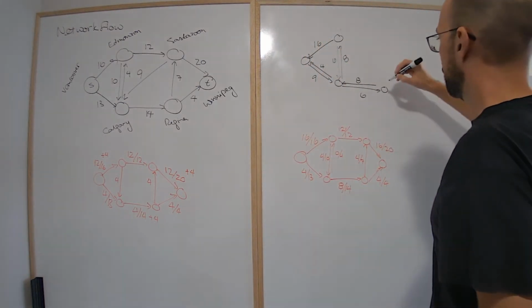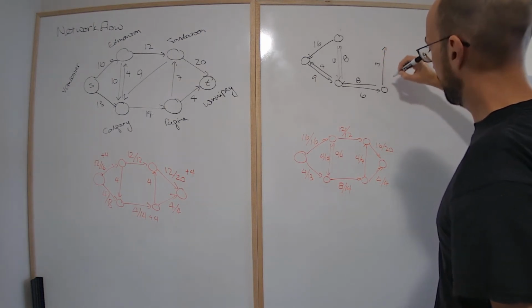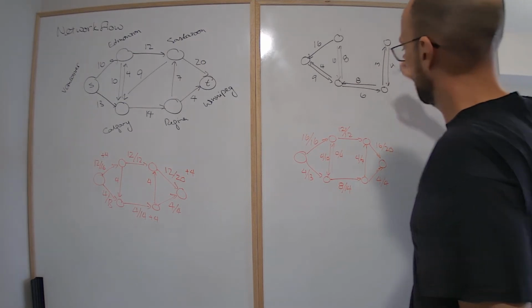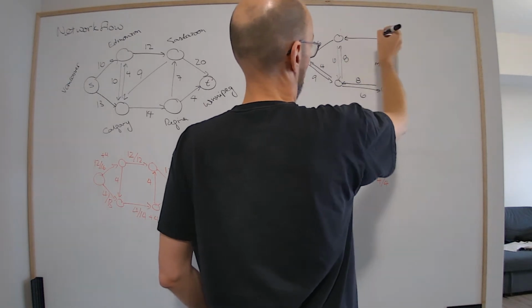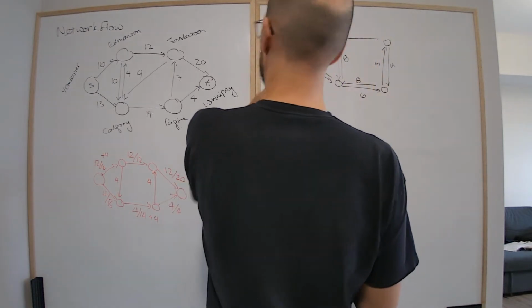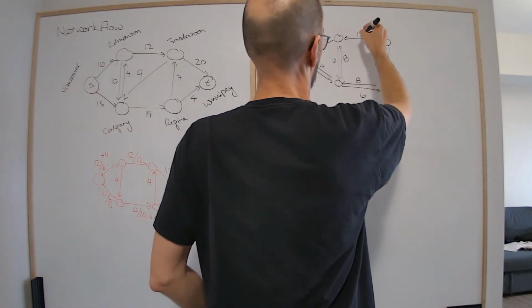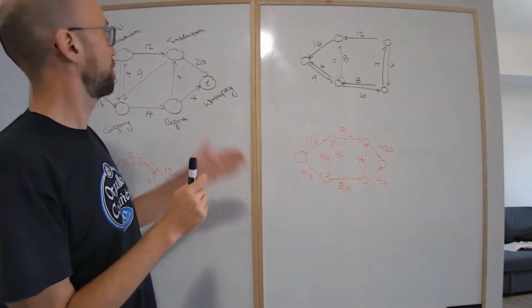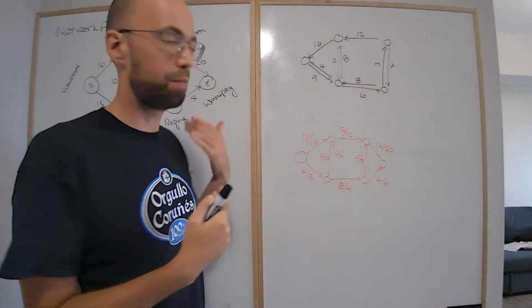Okay, so you could increase this by 3, or you could decrease it by 4. So you can't increase it across this edge going from Edmonton to Saskatoon, but you can decrease it by 12. So you send 12 fewer from Edmonton to Saskatoon, which is effectively like sending 12 more from Saskatoon to Edmonton.